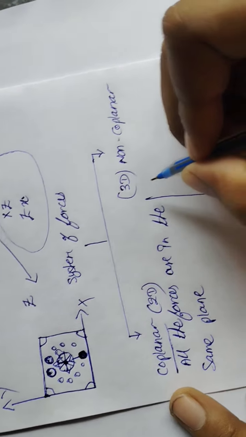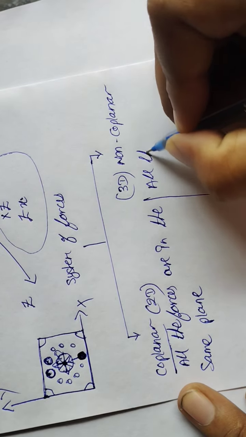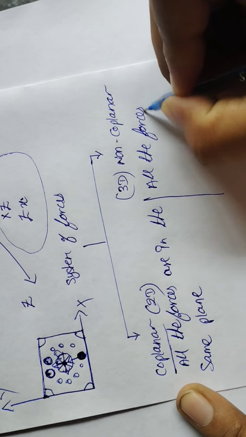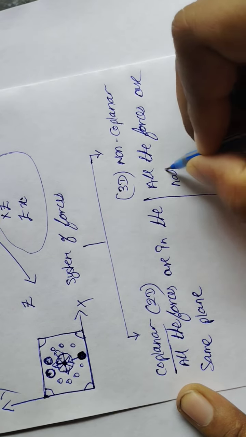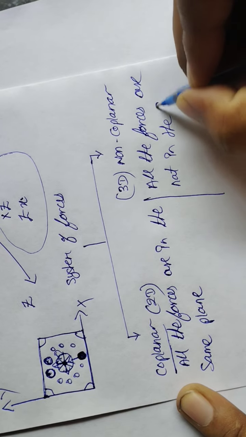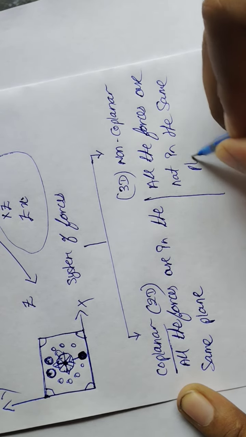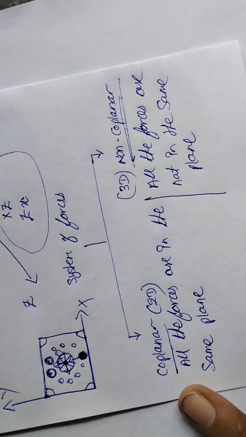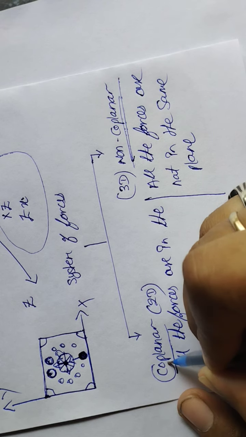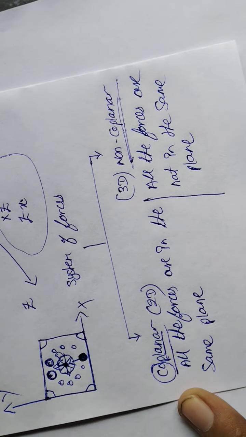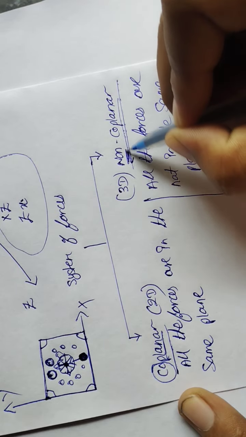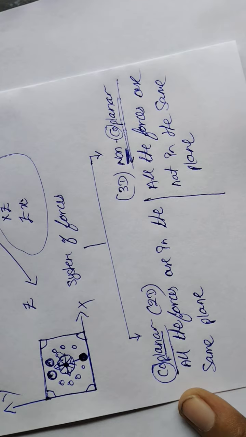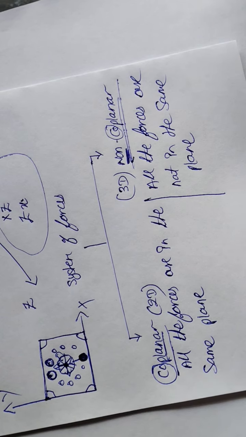And if all the forces are not in the same plane, then it can be called non-coplanar. Remember, coplanar, co means same, plane means in the same plane, non-coplanar. So system of forces can be broadly classified into two, that is coplanar and non-coplanar.